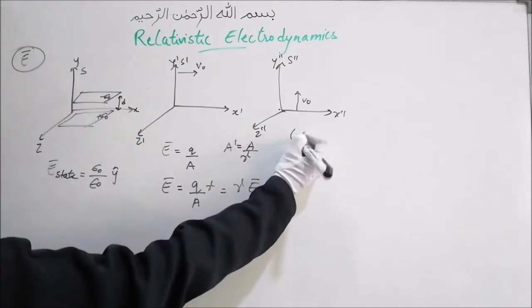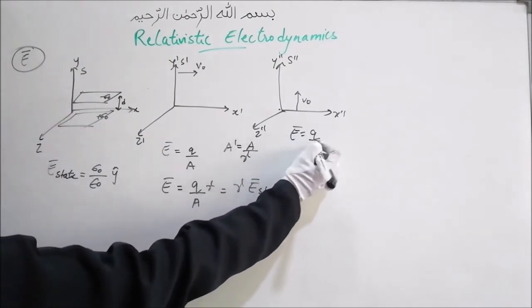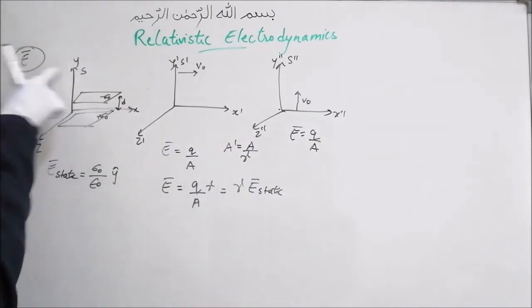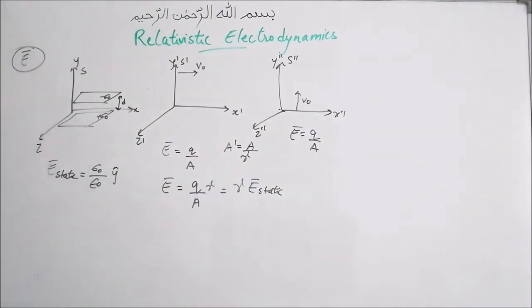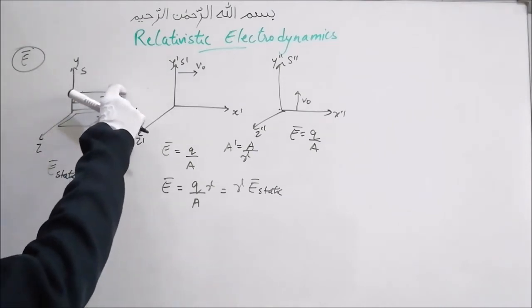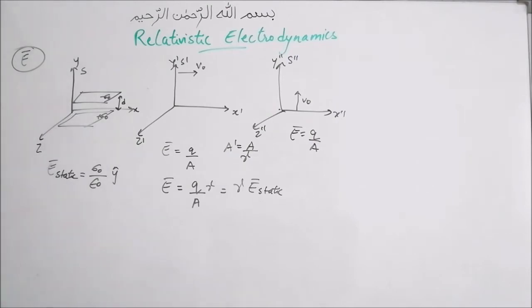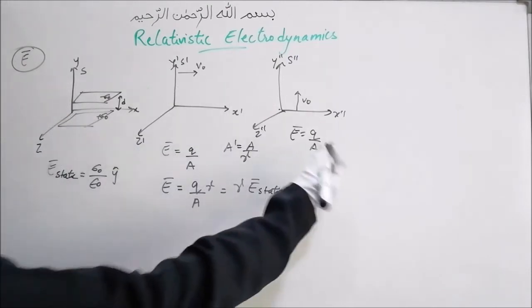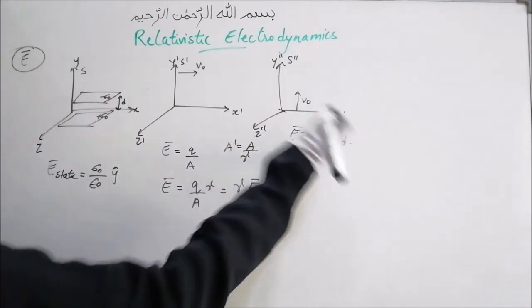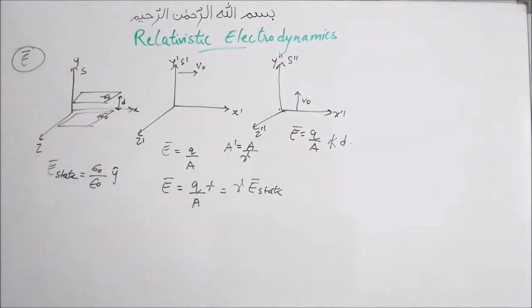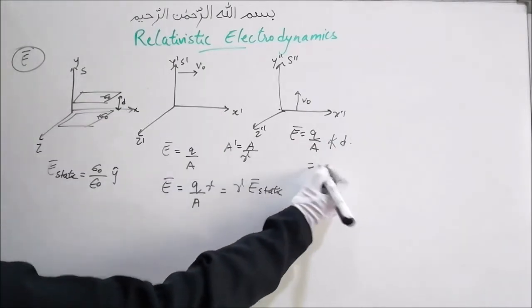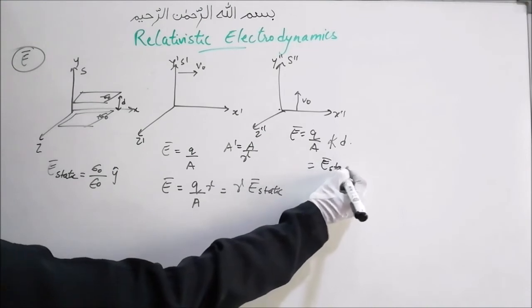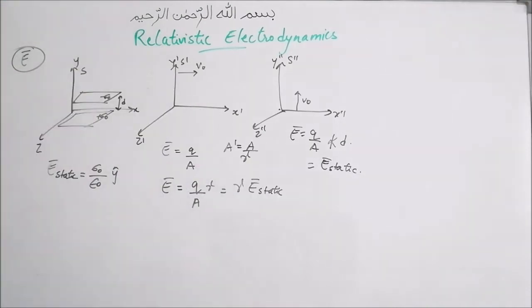Then the electric field again we know is Q upon area, but when we go in this direction, we have seen that dimensions perpendicular to the velocity are not contracted, therefore the area will not change. But here the distance d between the plates will be contracted, and the electric field is not dependent on the distance d. Therefore the electric field will remain E static in this case also.